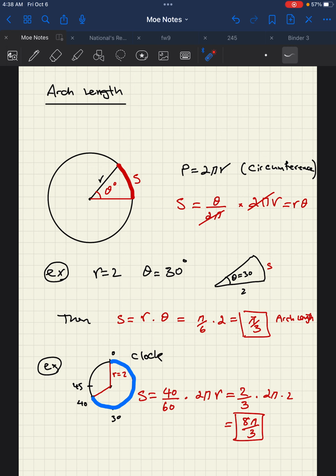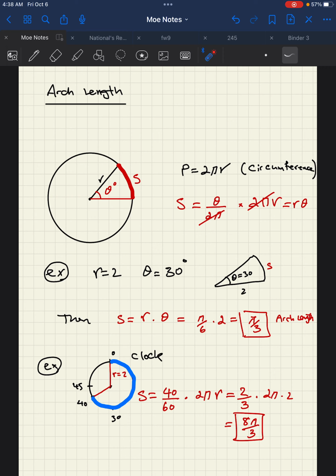So the ratio would be 40 out of 60 of the perimeter, and the circumference is 2 pi r. So you can see this 40 and 60 cancel out to 2/3 times 2 pi times 2, your radius, because it says your radius is 2. So 2 times 2 times 2 is 8 divided by 3 times pi.